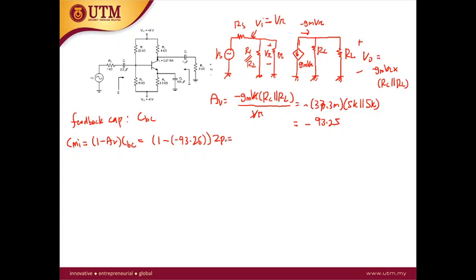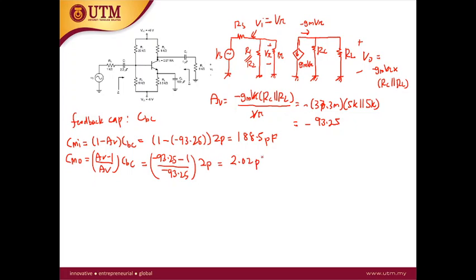So this is equal to 188.5 picofarad. And then you get the CMO, which is AV minus 1 over AV times CBC. The calculation, AV is minus 93.25 minus 1, over minus 93.25, times 2 picofarad, is equal to 2.02 picofarad.